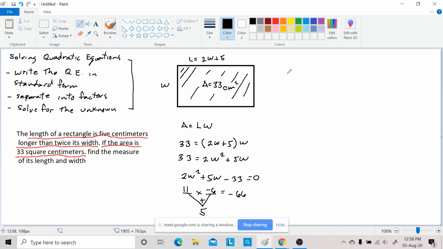We will now have here what? 2w plus 11, and then 2w minus 6, and simplify using 2 times 1. So this one is 1, this is over 2, and do not forget this is equal to 0.